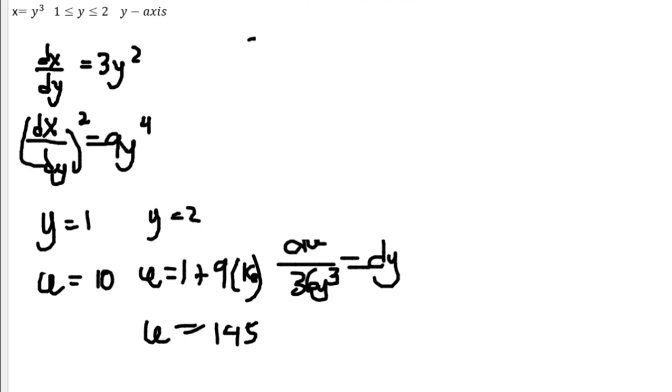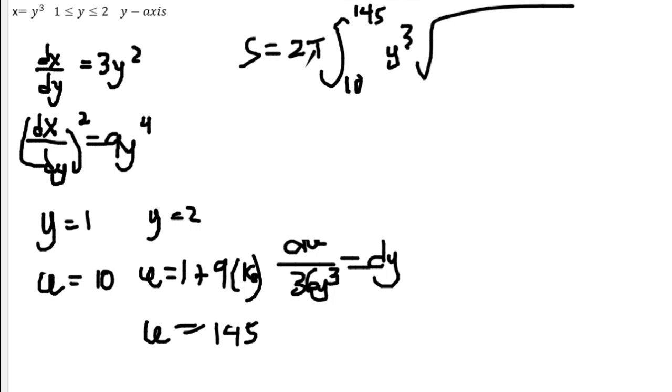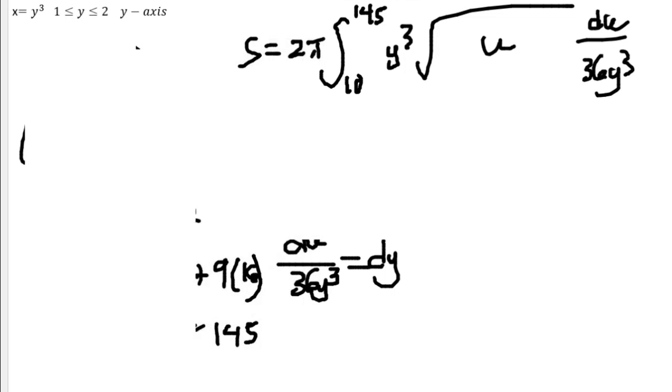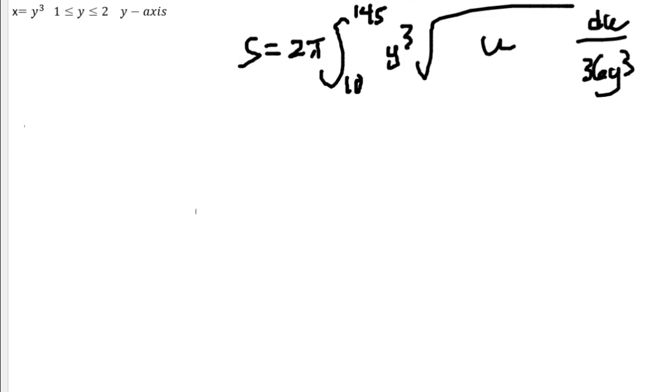So s is equal to 2 pi, and we got 10 to 145. We still have y cubed, and this whole radical is going to be u, with du over 36y cubed.